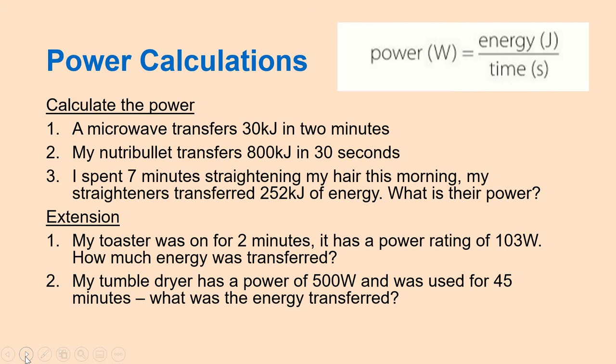And 800,000 divided by 30 seconds gives you a bit of a funny answer. So if we round it to the nearest whole number, we will have 26,667 watts.